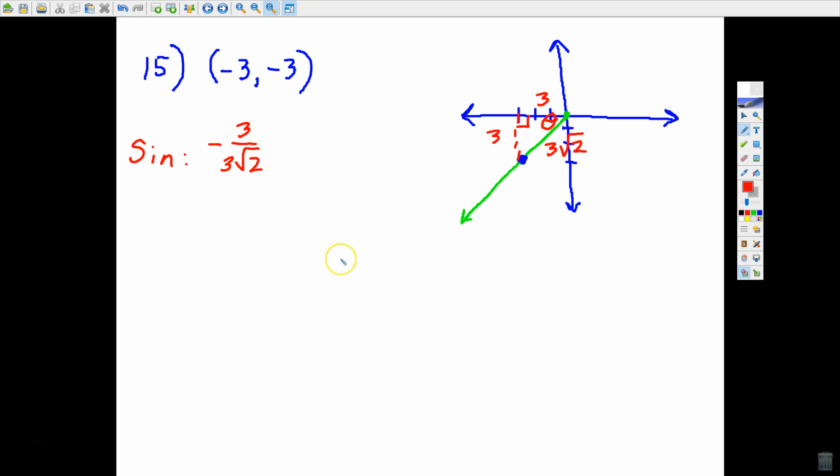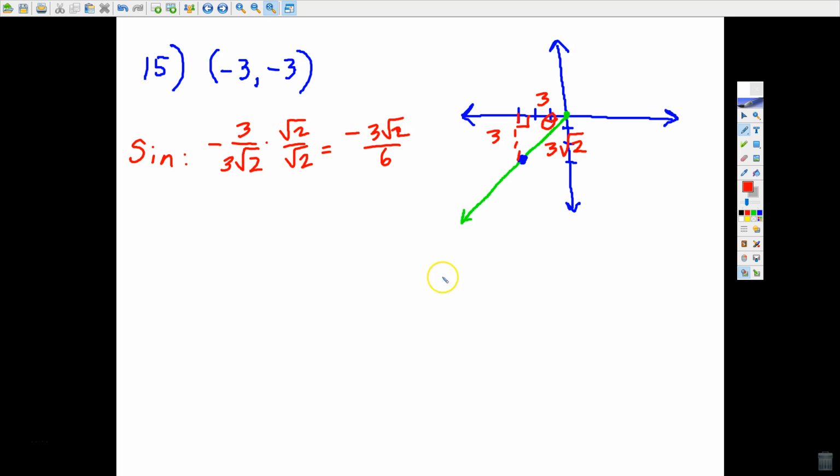Okay, now John, rationalize that because we can't have a radical in the denominator. You started off with negative 3 root 2 over 6.